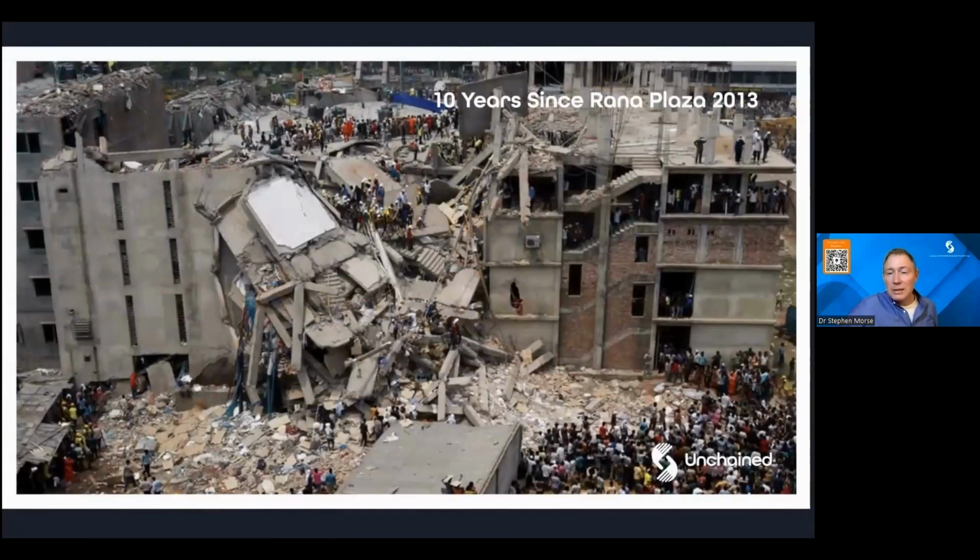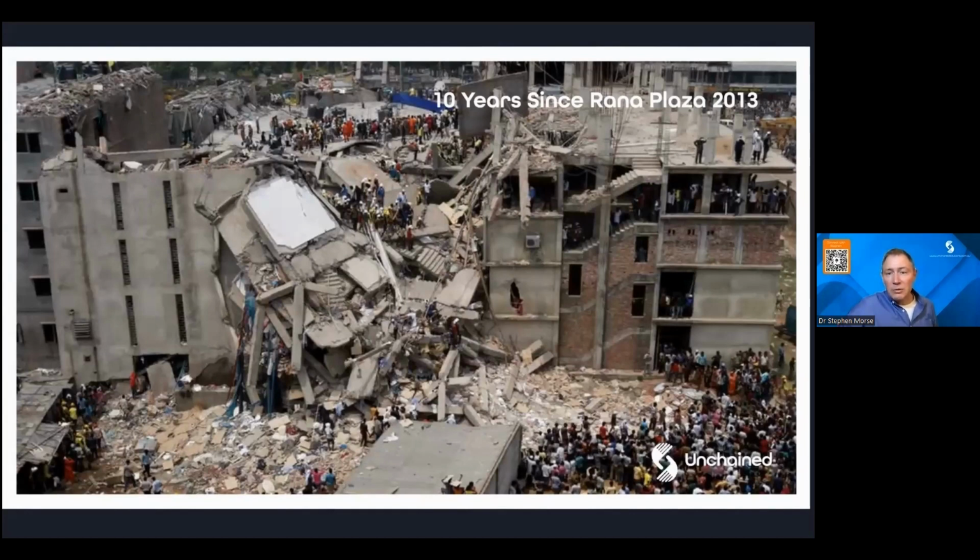I did mention this last time, but it's always good to come back to this question. It is 10 years now since the collapse of the Rana Plaza in Dhaka, Bangladesh. It's a really important date in the calendar for reminding ourselves of the severity of the situation in which we're faced in our world today, as a consequence of the demands that we put on other countries and factory owners to produce the goods and services in the time and the quality that we expect.